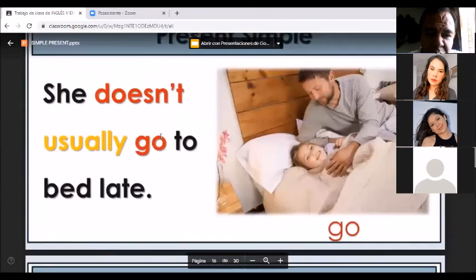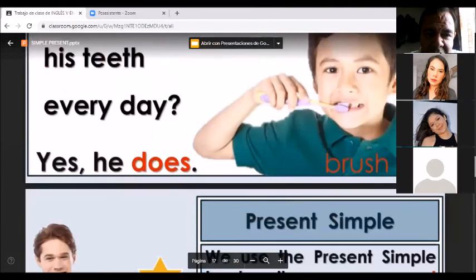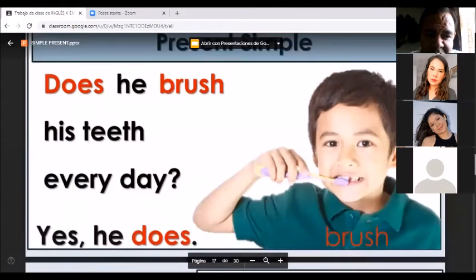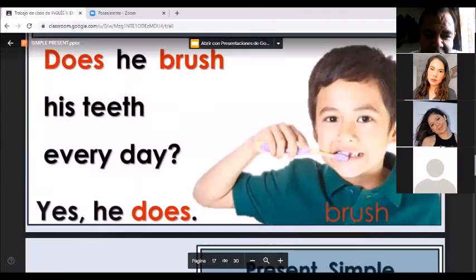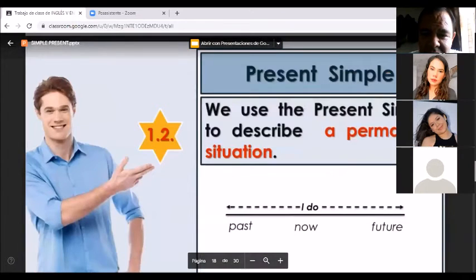She doesn't usually go to bed late. And in interrogative, does he brush his teeth every day? Yes, he does. We are going to check another use for the simple present.